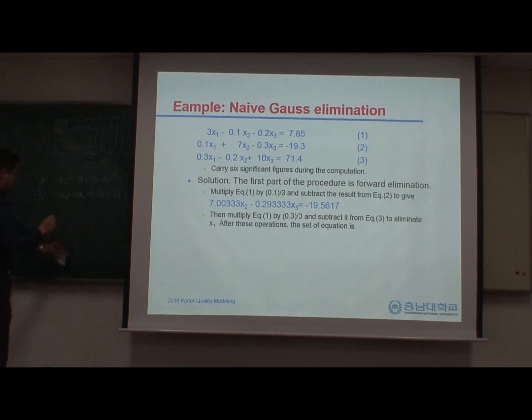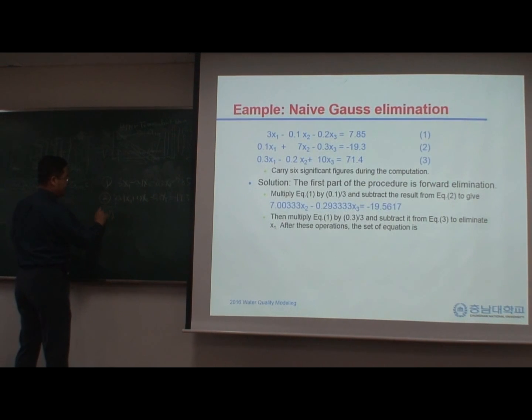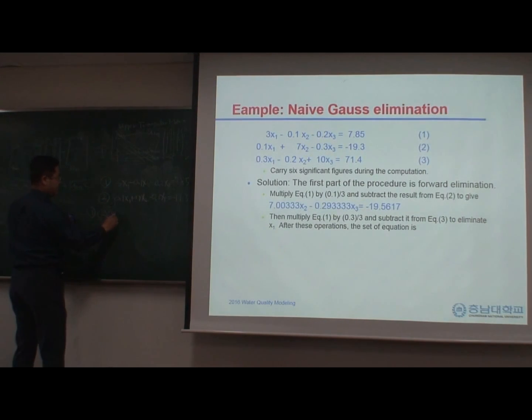And I will subtract this one by using number 1. To make this one the same as this, I can multiply 0.1 divided by 3. And number 1, what is this?